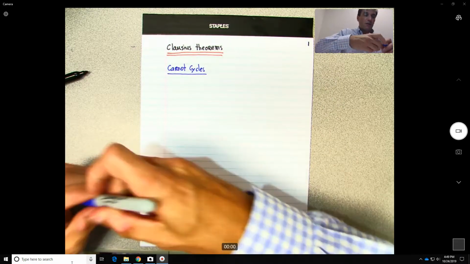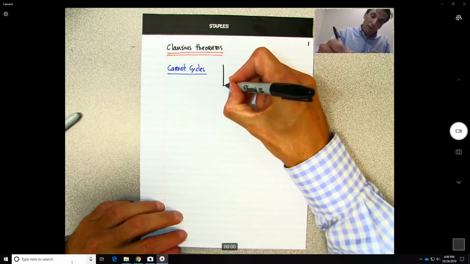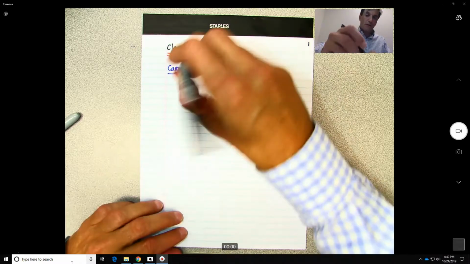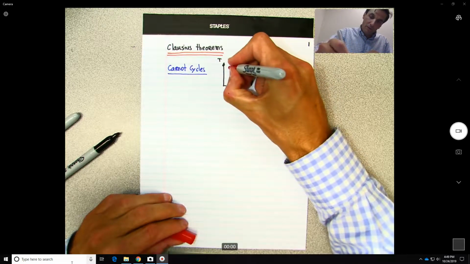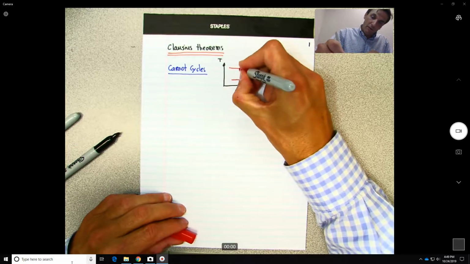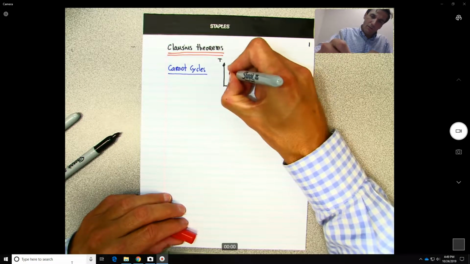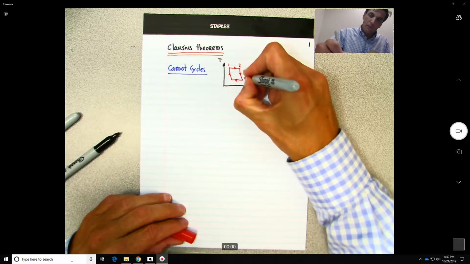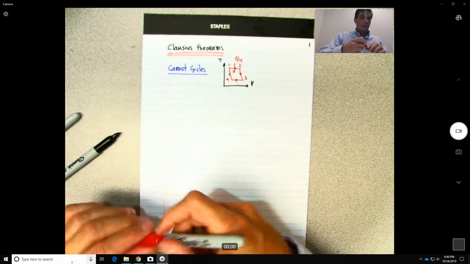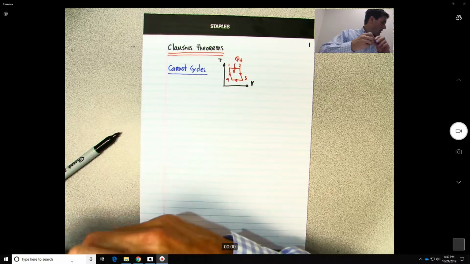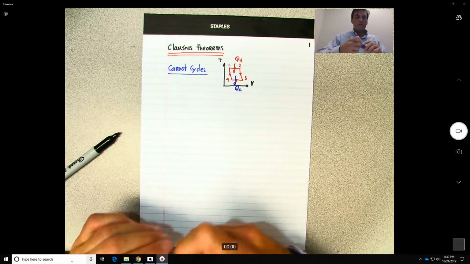What do we have? The Carnot cycle, basically, if I do a simple figure, let's say TV, is a cycle that operates between two temperature reservoirs this way, where here will be Q hot, and over here Q cold.